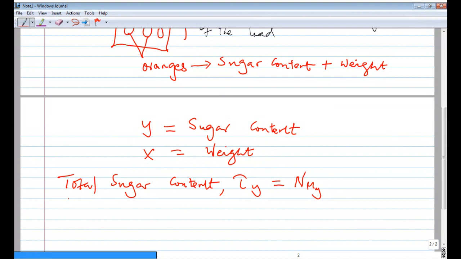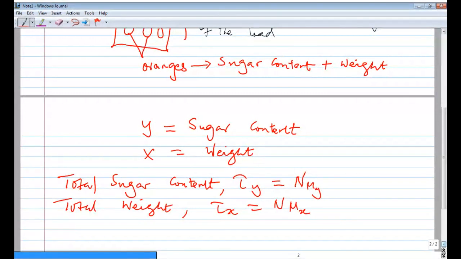What about the total weight? The total weight will be represented by what? Tau x, isn't it? Which is equal to N mu x.